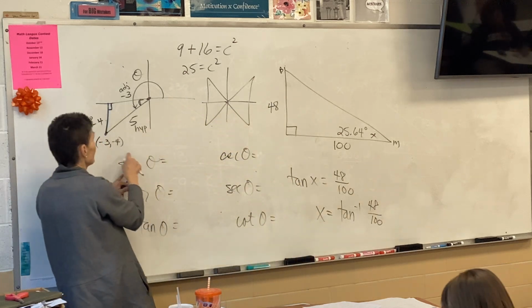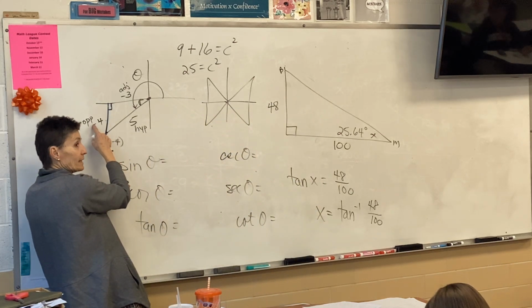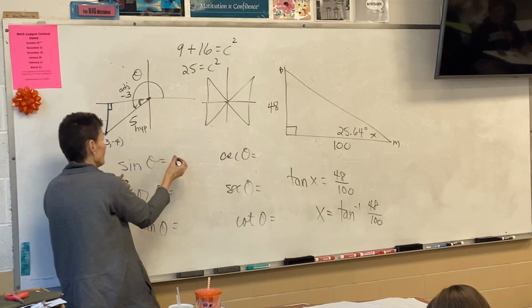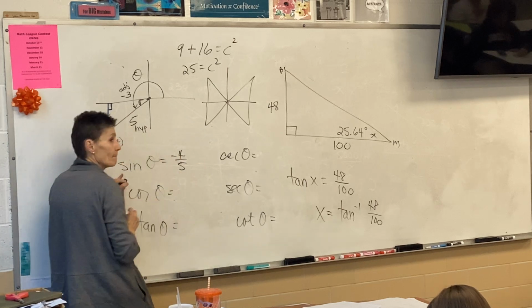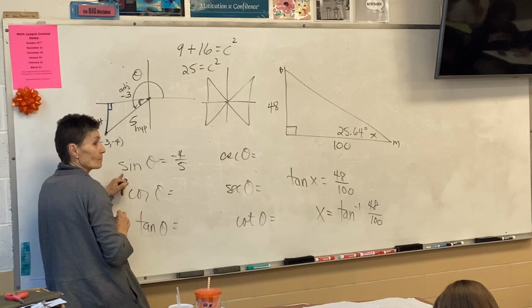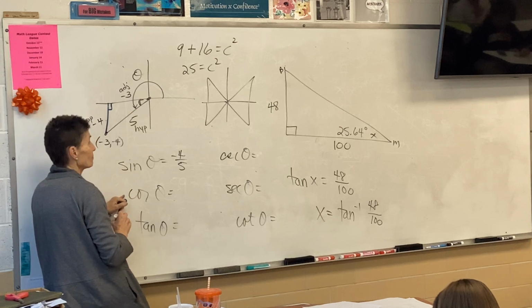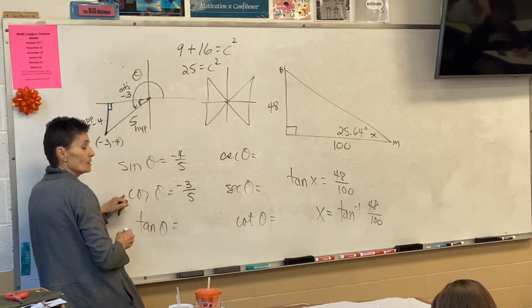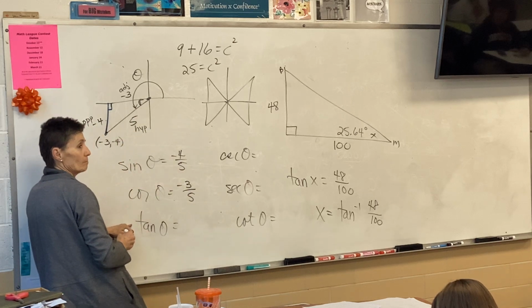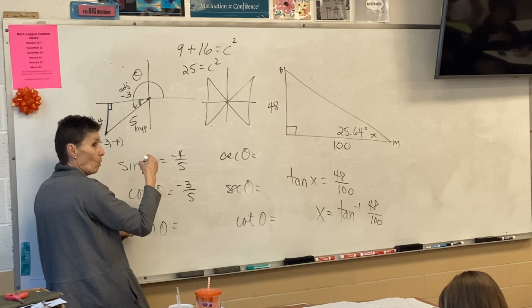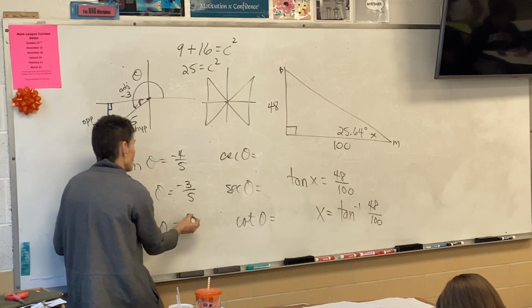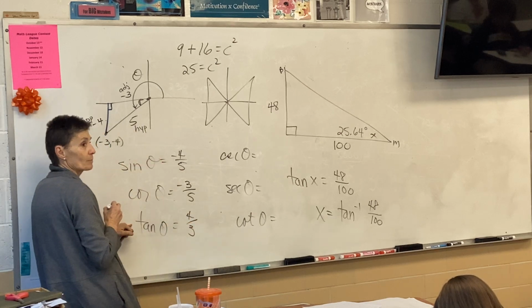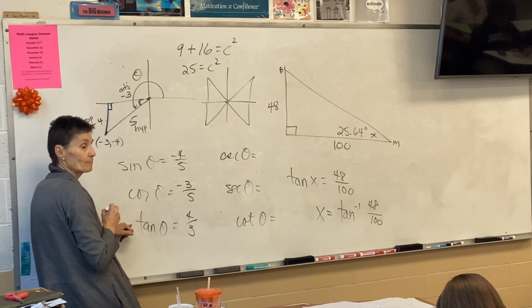What's the sine? -4/5. What's the cosine? -3/5. What's the tangent? -4/-3, which is just going to be positive 4/3.